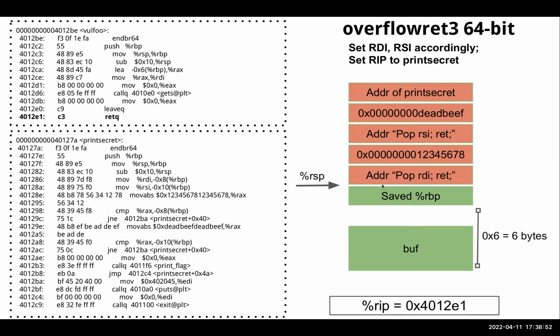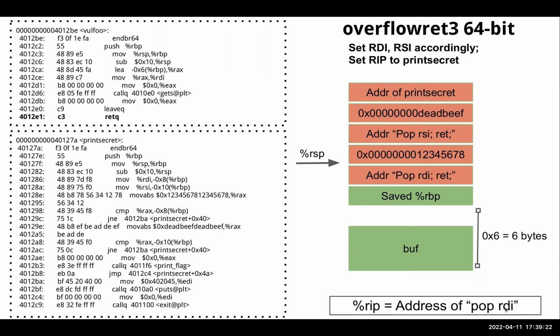Second, whatever RSP points to will be moved to RIP. So after this instruction, RSP will point to this 8 bytes of data, and doesn't point to the address anymore. And the RIP will have the address of pop RDI, right?